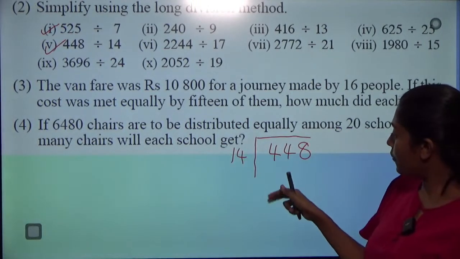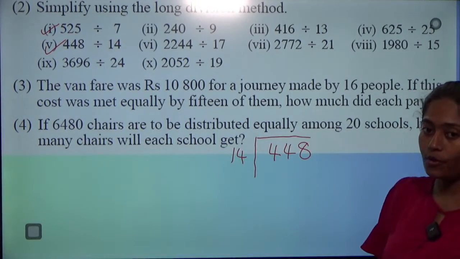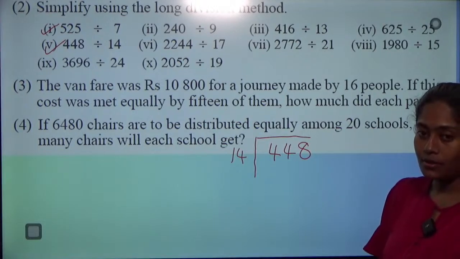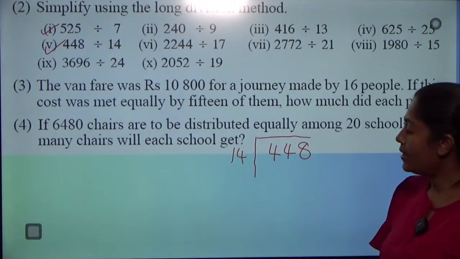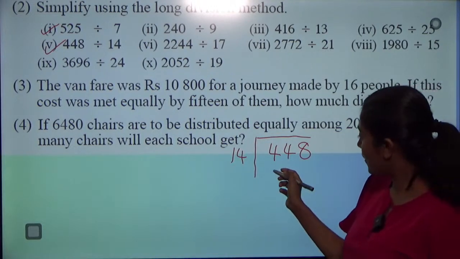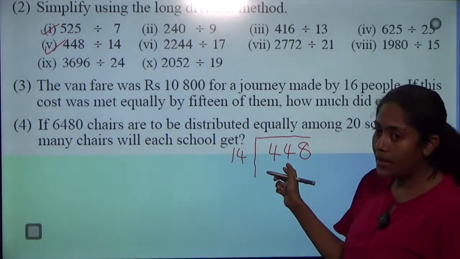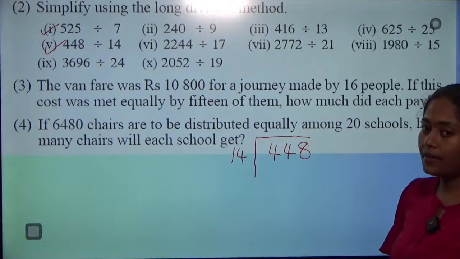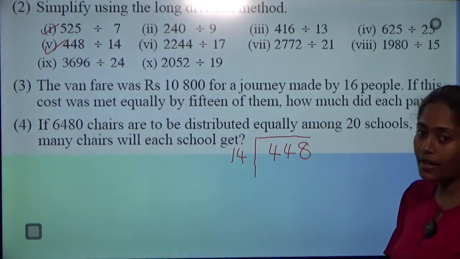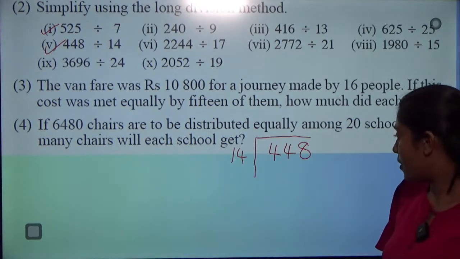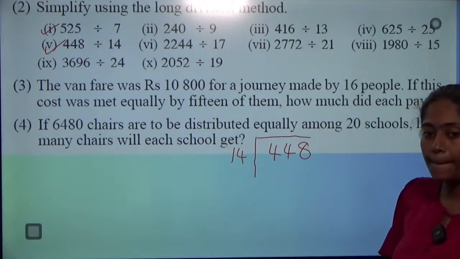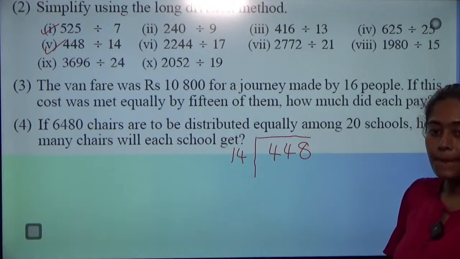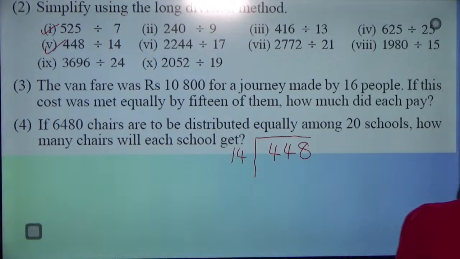How many 14s are there for 4? 0, no? Then we check the next two numbers. 4 and 4 we call 44. How many 14s are there in 44? 2. We'll see.